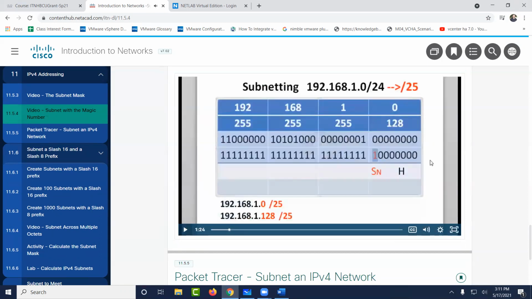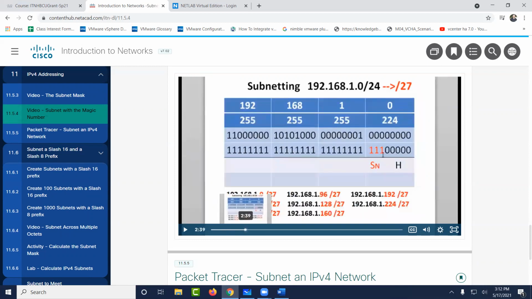They're basically doing exactly what I said when we looked at finding the bits turned on. They borrow 1 bit, and you'll notice that breaks the network in half, by 128. Then if you borrow another bit, you can do it again, and so on. So they're showing you how to do subnetting using what's called the magic number.